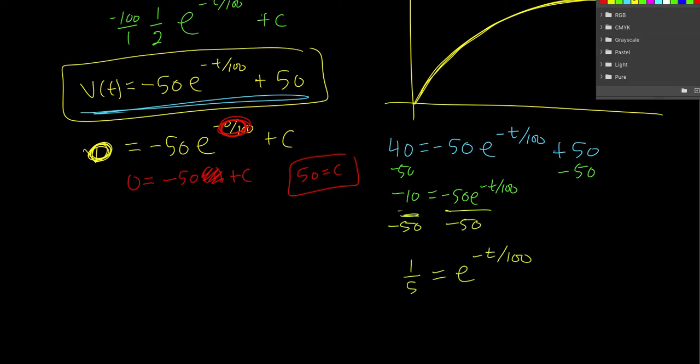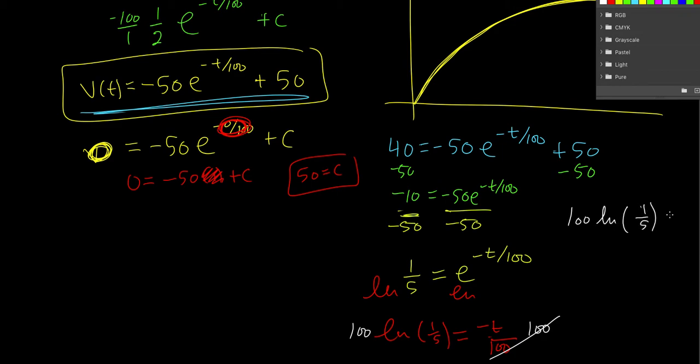To get rid of an e, we need to take the natural log of both sides. So we get natural log of 1/5 is equal to negative t over 100. We multiply both sides by 100, so we get 100 natural log 1/5 is equal to negative t. So we can just bring that negative over to this side, and we end with that value for t.